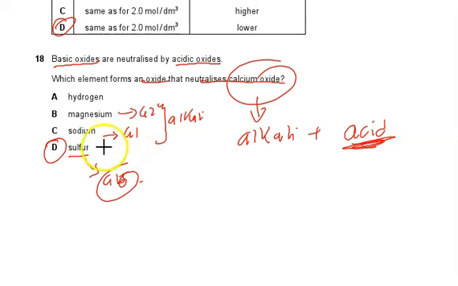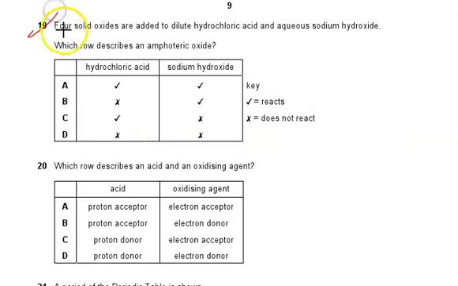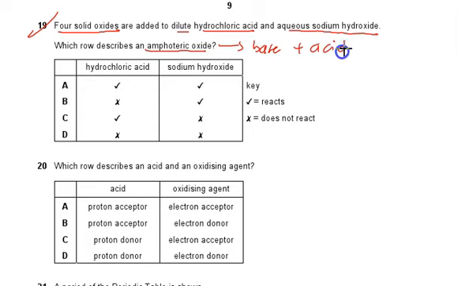Okay, now we move on with the next question. For 19, 4 solid oxides are added to dilute hydrochloric acid and aqueous sodium hydroxide. Which row describes an amphoteric oxide? Amphoteric means it can act as a base and also as an acid. So you will have a reaction for both.